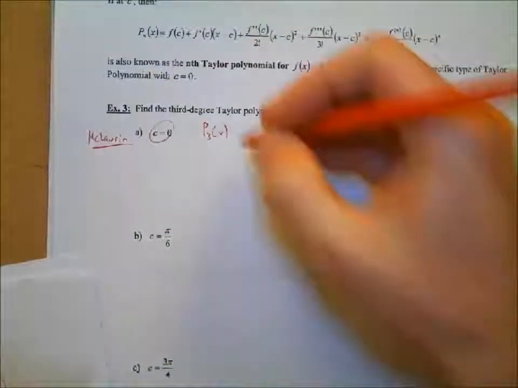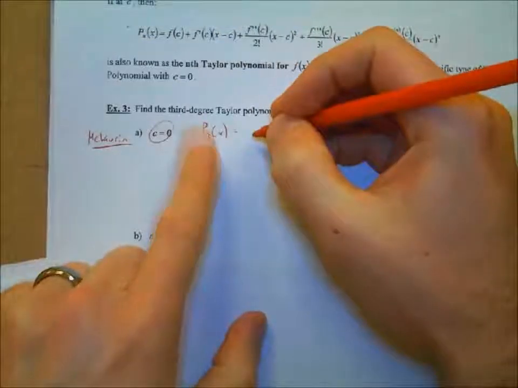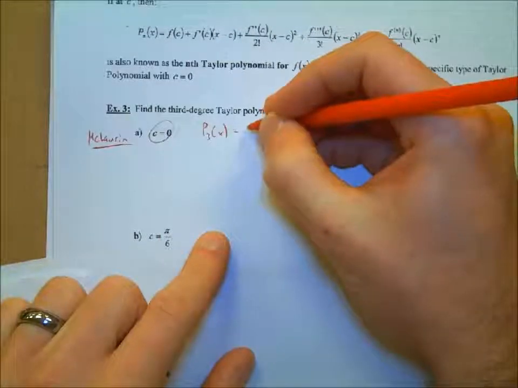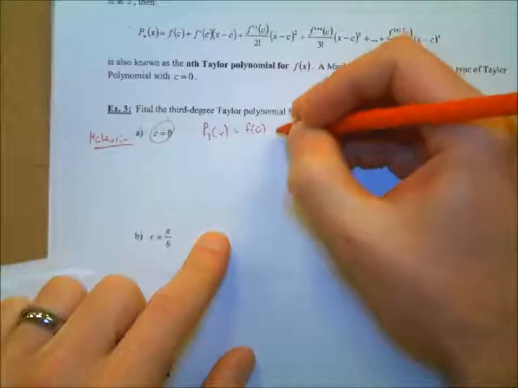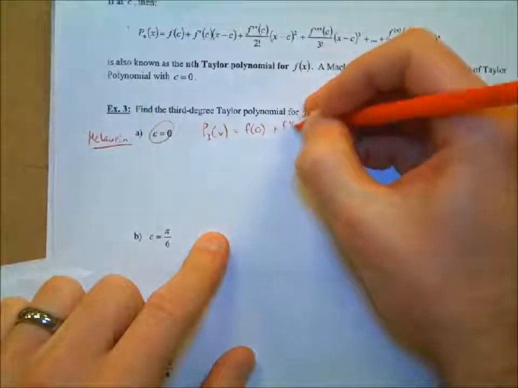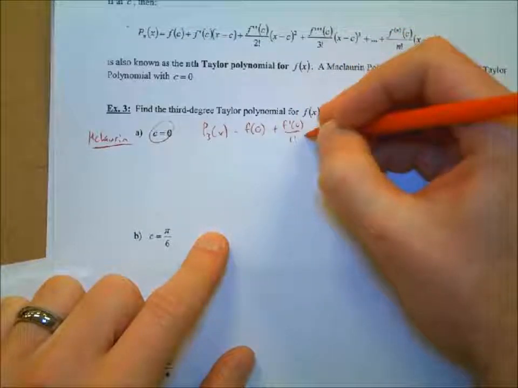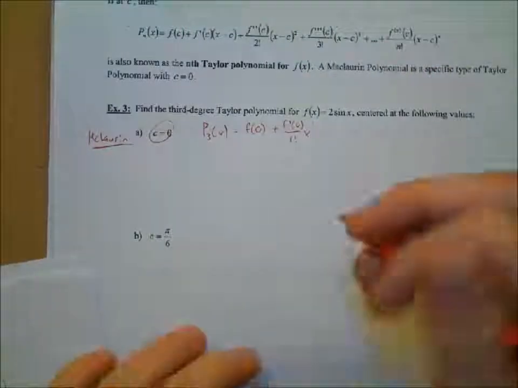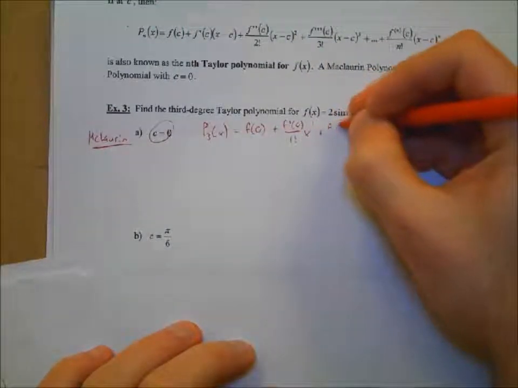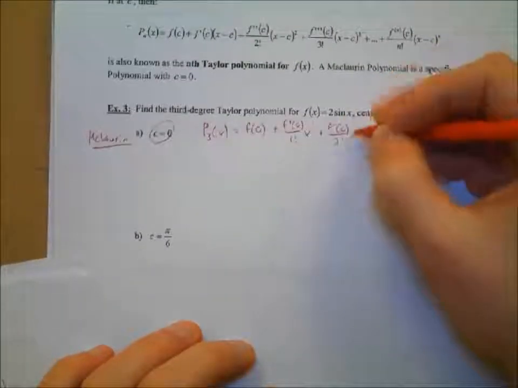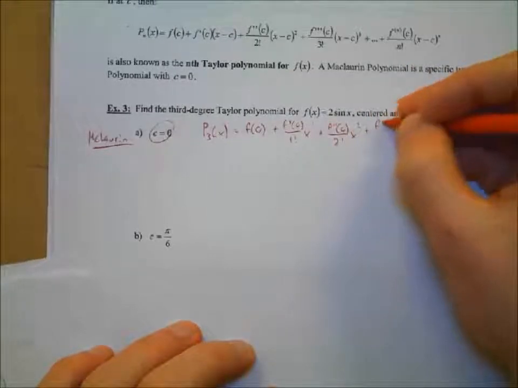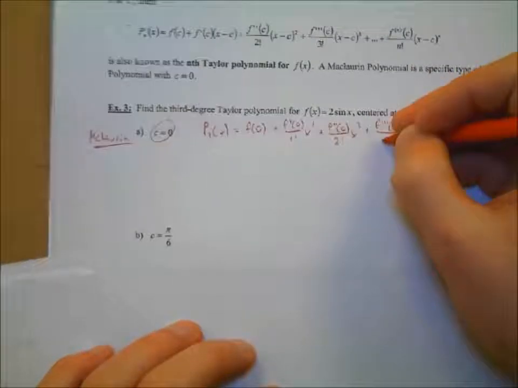So for this polynomial of degree 3, the first part is f of 0 plus f prime of 0 over 1 factorial x to the 1, plus f double prime of 0 over 2 factorial x to the 2, plus f triple prime of 0 over 3 factorial x to the 3.